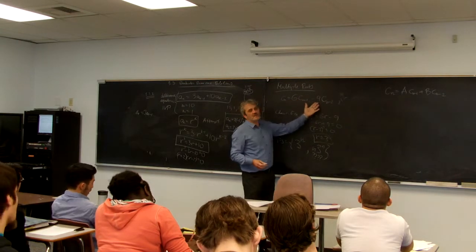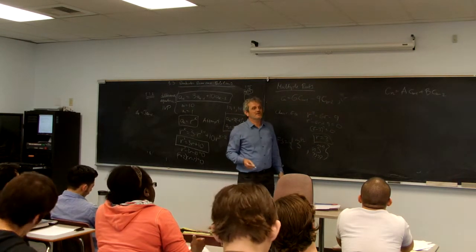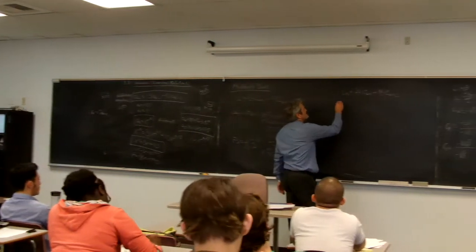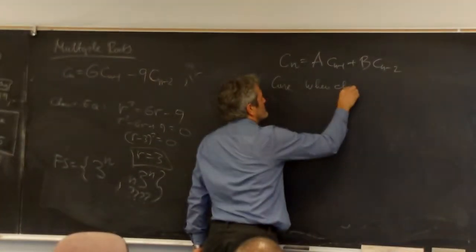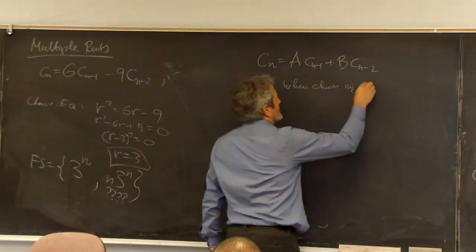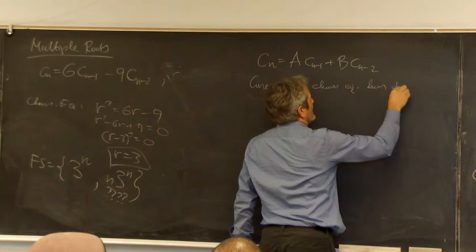Instead of showing it for 6 and negative 9, we'll show it in a general case: the case when the characteristic equation has a double solution.